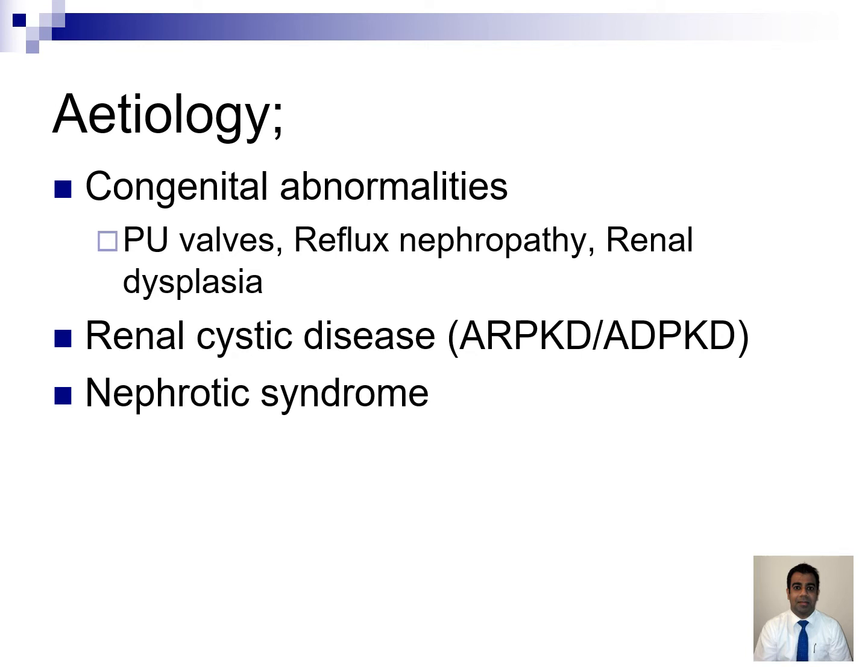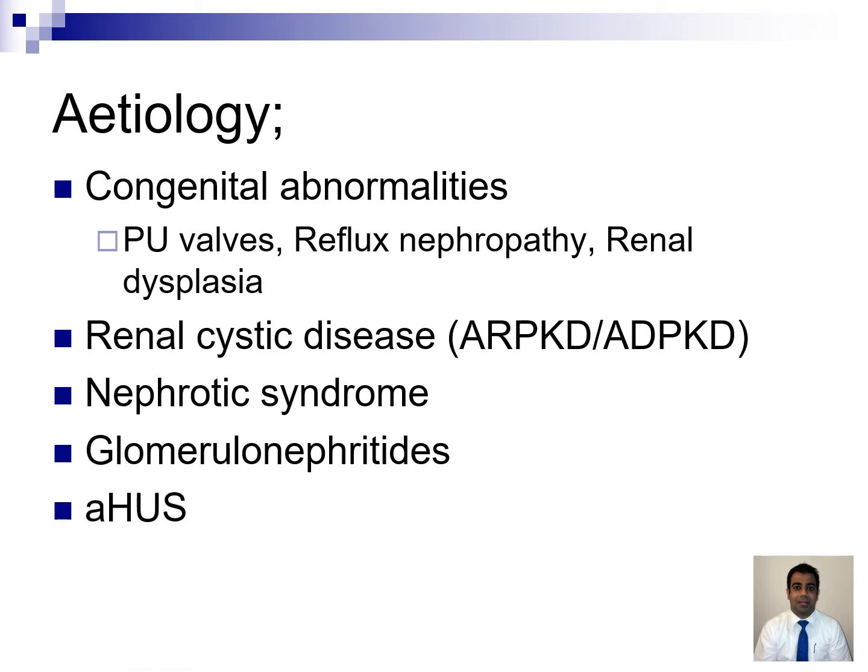These include posterior urethral valves, reflux nephropathy or vesicoureteric reflux, which we discussed during our UTI lecture, or dysplastic kidneys or renal dysplasia, which is a condition where the kidneys are congenitally not formed normally or are hypofunctioning. So, the CAKUT account for basically more than 80% of cases in childhood.